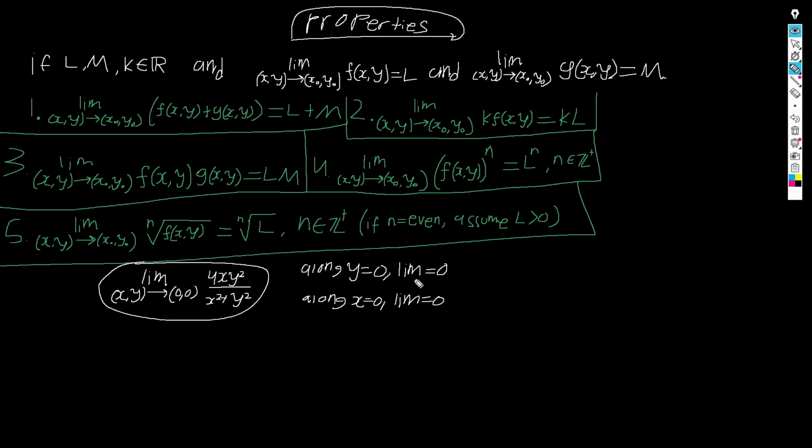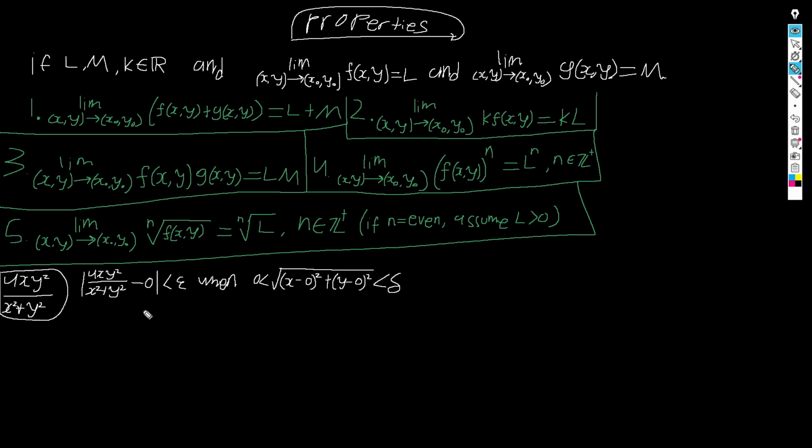We need to account for all directions, and we do that with the limit definition. Just to remind you, we need to show that there exists a delta that satisfies this condition when we're given any epsilon that satisfies this condition. First, we'll just simplify these absolute value brackets to get this, since y squared, 4, and x squared plus y squared are all positive.